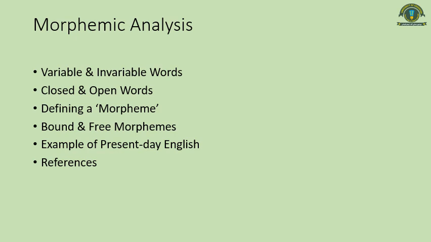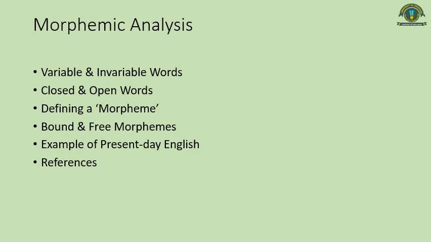We are going to talk about morphological analysis, or morphemic analysis, because the purpose of morphology is to do this analysis of words and morphemes in a given language. So we will try to understand what the main steps are.